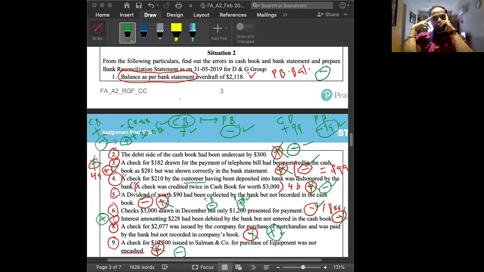The balance for the cash book is positive 17907. No, that's the answer for the total. What is your answer for the balance as per cash book, not the total balance? I need the answer.